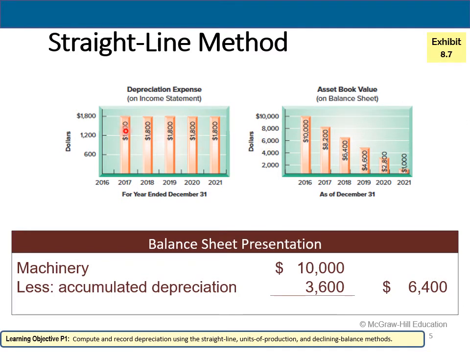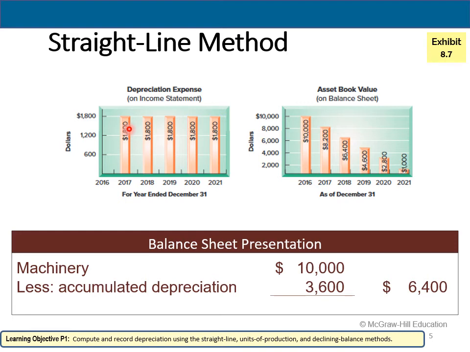The reason why straight line is the most commonly used depreciation method is that you get the same depreciation expense for every year of an asset's useful life. So you remember we were depreciating this machine over 5 years.